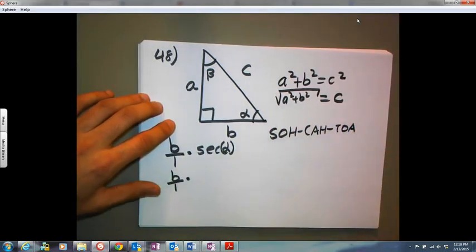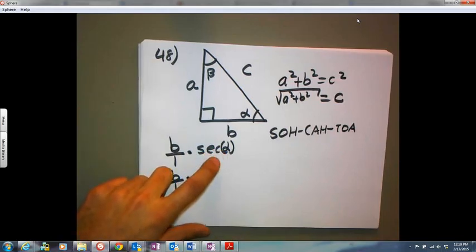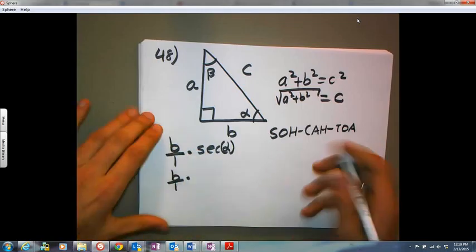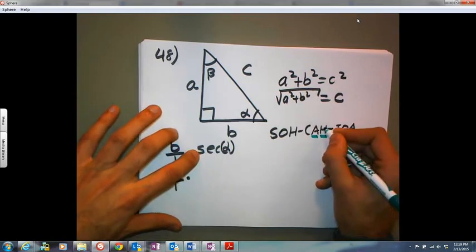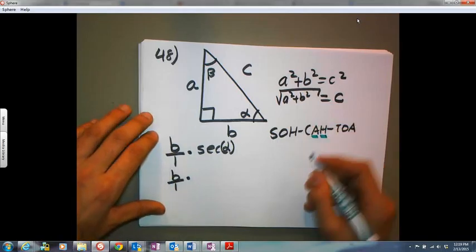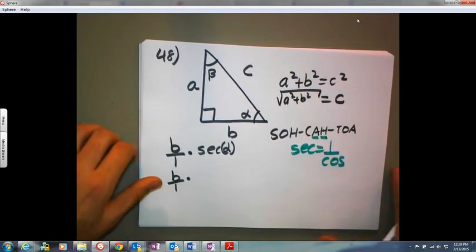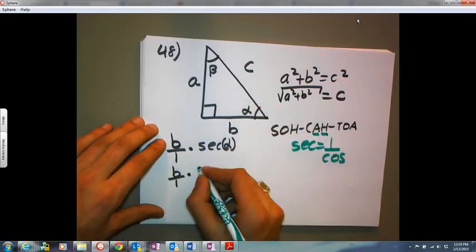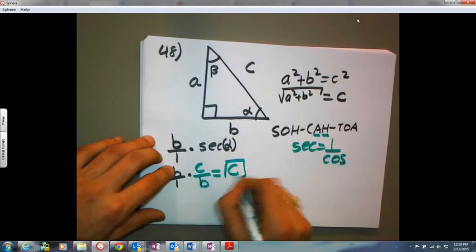Secant is 1 over cosine. So here's the key, folks. If cosine is adjacent divided by hypotenuse, secant must be hypotenuse over adjacent, because it is the reciprocal of cosine. Remember, secant equals 1 over cos. So b over 1 times hypotenuse over adjacent. The b's cancel out, and I'm left with c. That's good. Number 2 works. Answer has to be E.